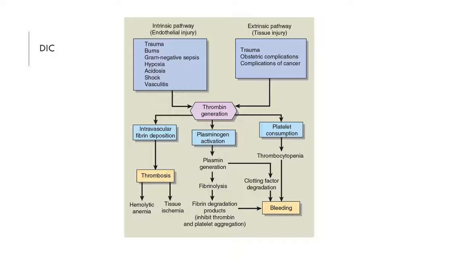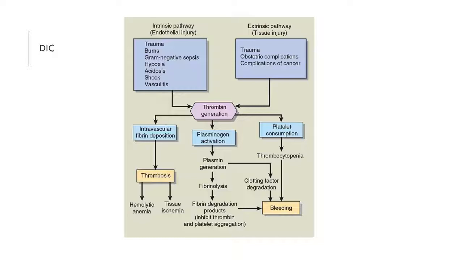If you look at the schematic about it, it affects the intrinsic pathway, because if there's been some type of endothelial injury caused by trauma, burns, hypoxia, acidosis, shock, DIC really is associated strongly with shock, it leads to thrombin generation.